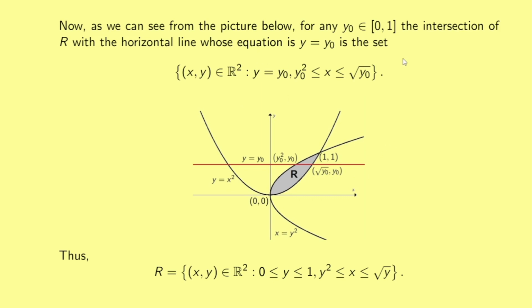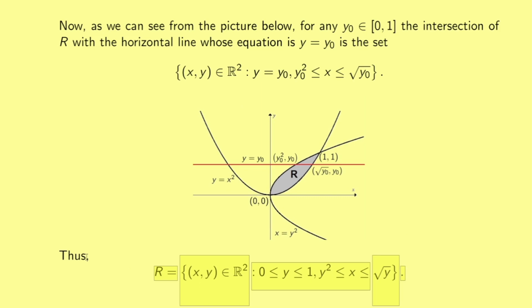So the line segment contained in the region R can be written this way: it's the set of points where y equals y0, and x goes from y0 squared to the square root of y0. This can be done for every y0 in the interval 0, 1.